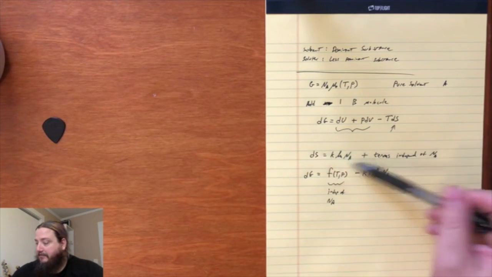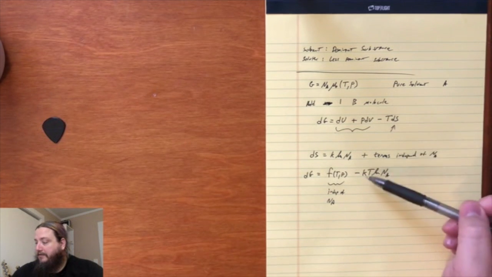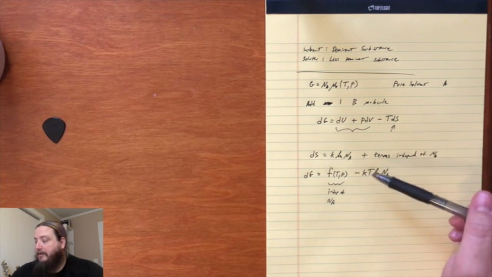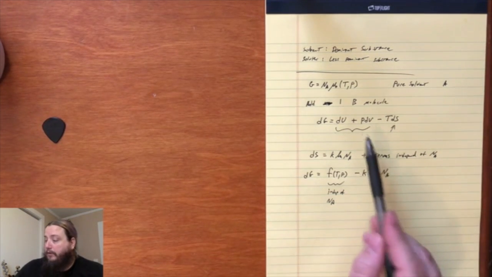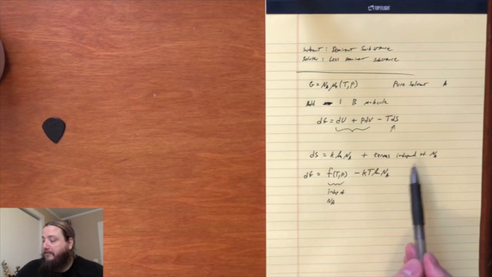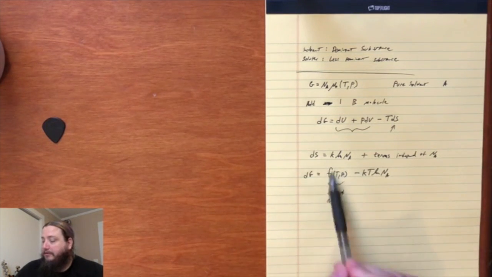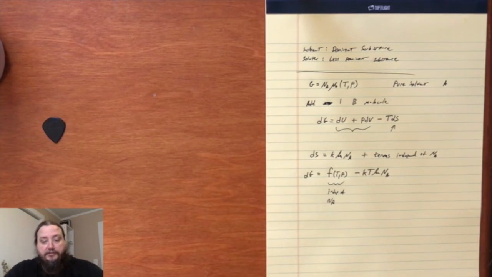So we take this dS term, multiply it by T, and that gives us this third term in the change of the Gibbs free energy. And we've sucked up these plus these into this arbitrary function, which is a function of temperature and pressure.